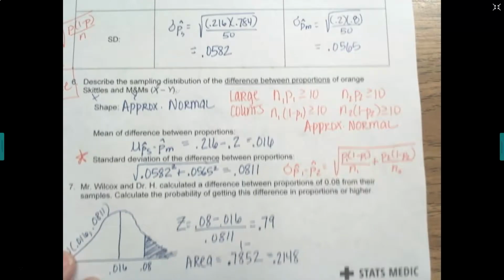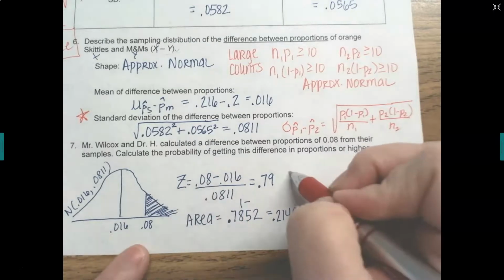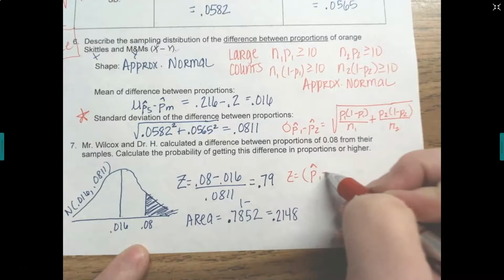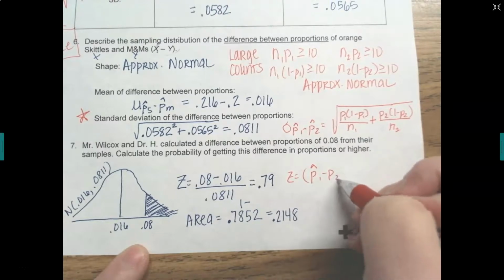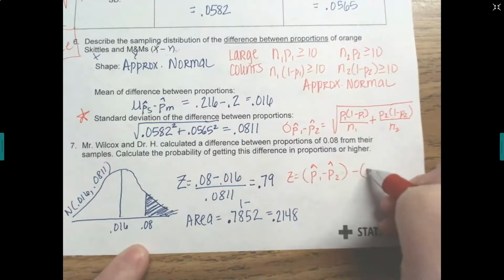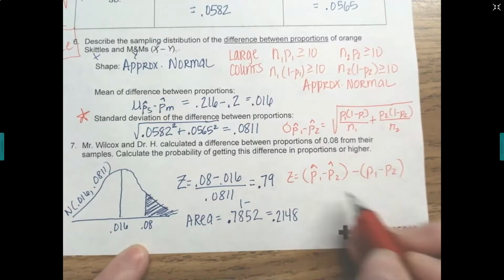Okay. Then the last part, this looks really crazy. This was our z-score. We got 0.08 by taking our sample proportions and subtracting them. And then we subtracted the mean, which was our population proportions subtracted.